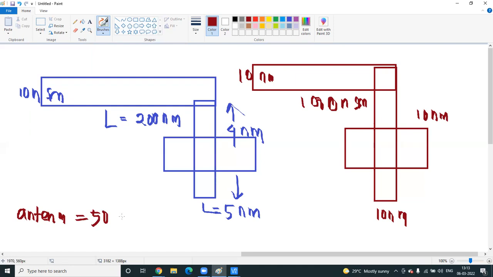Let's take an example. So out of this, which one will cause antenna error? Antenna ratio is 50.